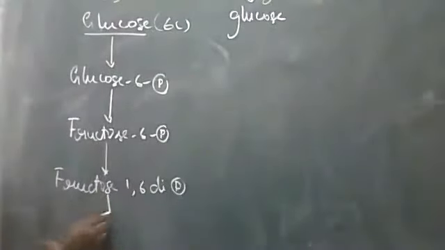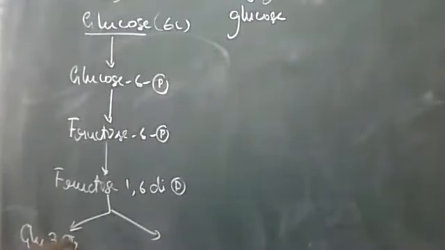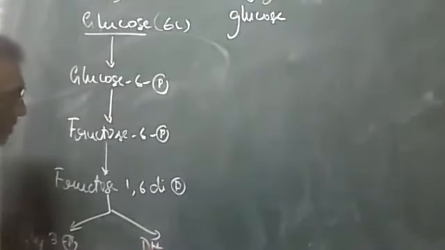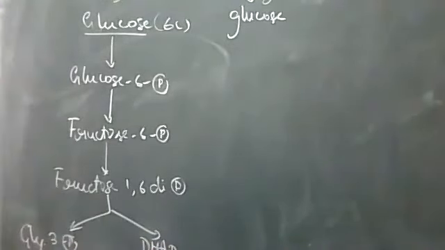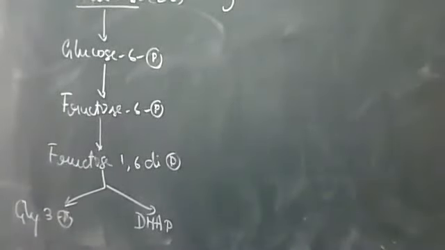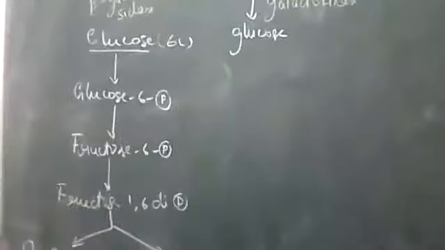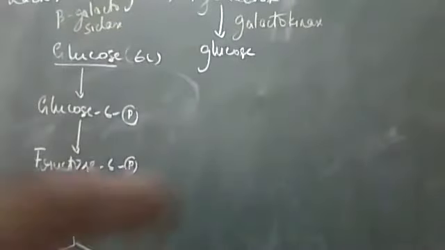Fructose 1,6-diphosphate will split into glyceraldehyde 3-phosphate and dihydroxyacetone phosphate. Glyceraldehyde 3-phosphate converts into, I write this side. There is the top portion.